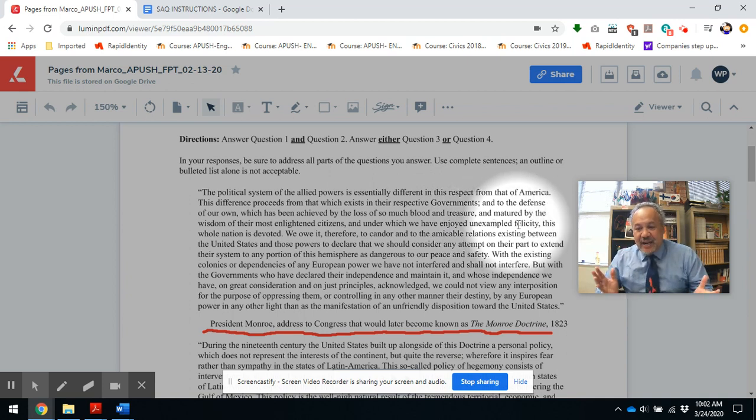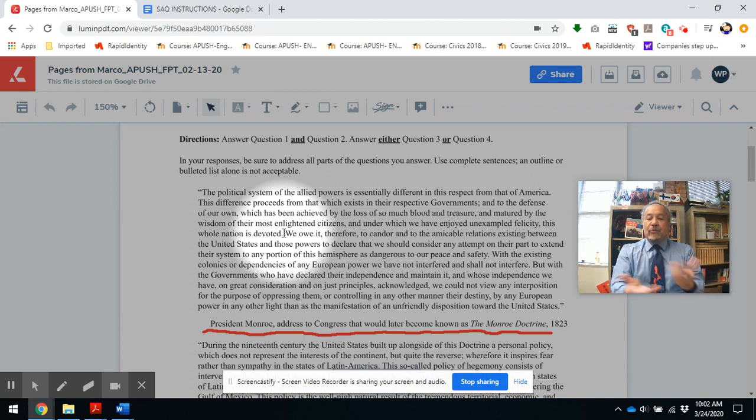It's not just a television show, it's this internal happiness. This whole nation is devoted. He's talking about the United States. You can reread it for yourself because I went through it kind of fast. But you underline, and I know it's going to be online, but you can take handwritten notes to yourself about what they're trying to say.